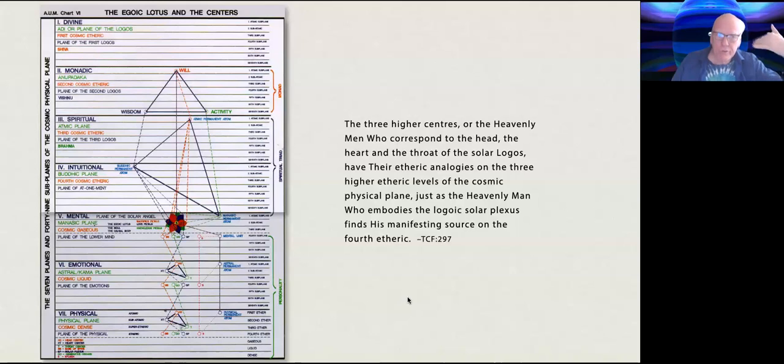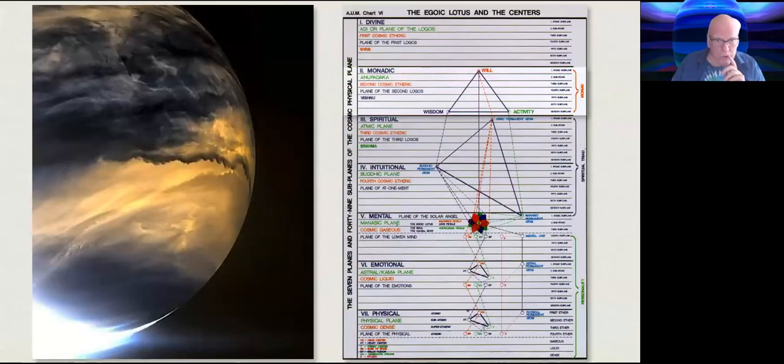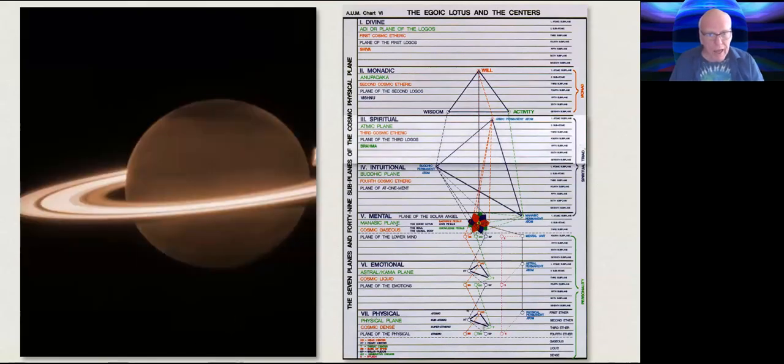He doesn't say centers, but we can infer that they are on the 3 higher etheric levels of the cosmic physical plane, just as the heavenly man who embodies the logoic solar plexus has his manifesting source on the 4th etheric. So most of the solar logoic centers are not given, but Venus, we're told, is the logoic heart center, and thus would demonstrate on the monadic plane. Saturn is the logoic throat center, and thus demonstrates on the atmic plane.